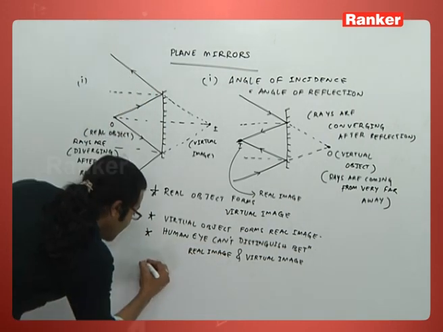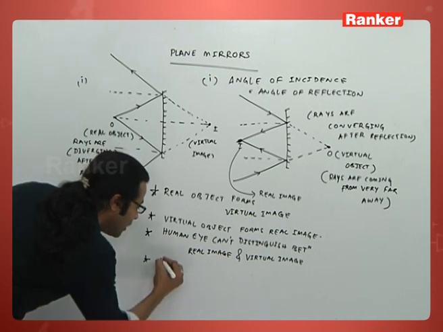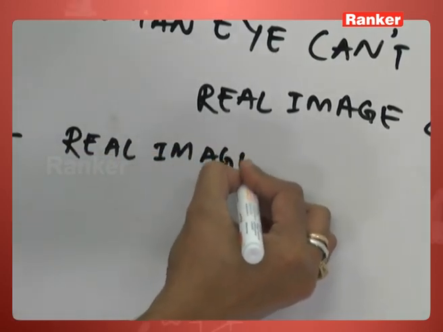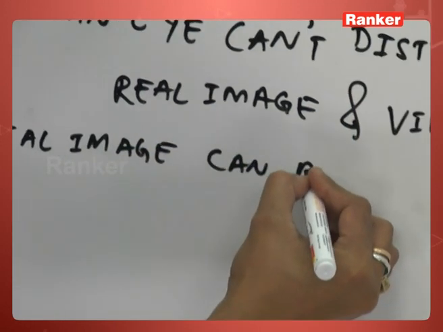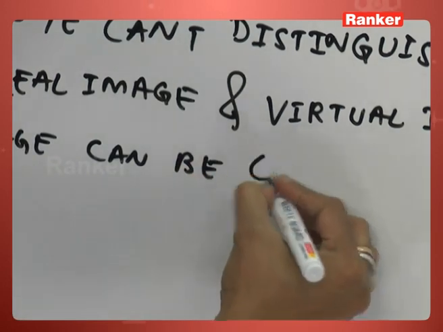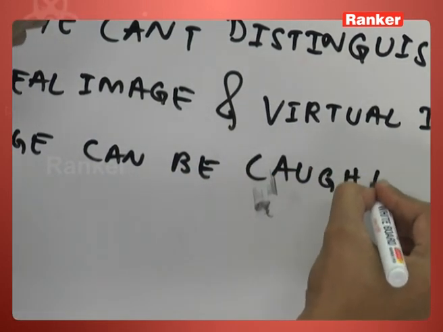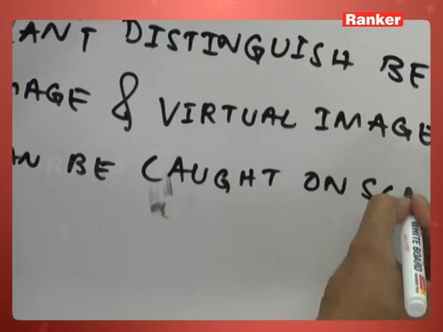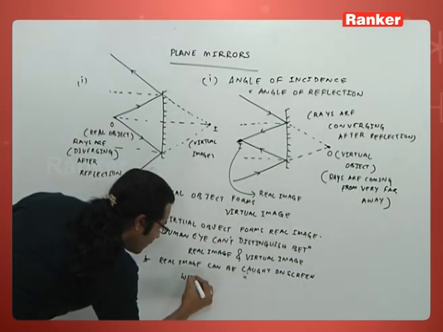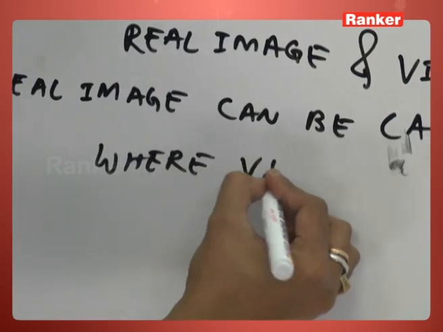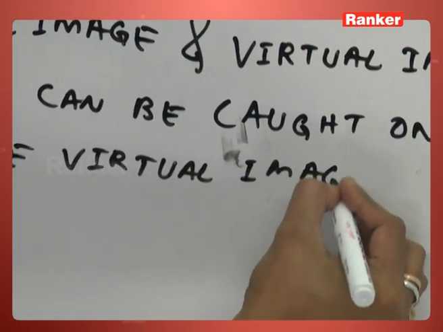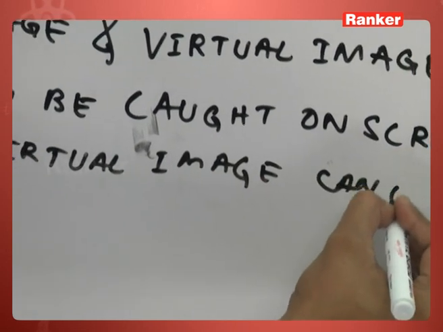But how can we distinguish between a real image and a virtual image? A real image can be caught on a screen, whereas a virtual image can't be.